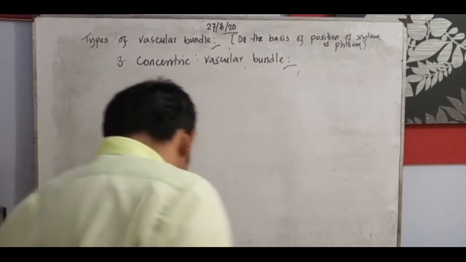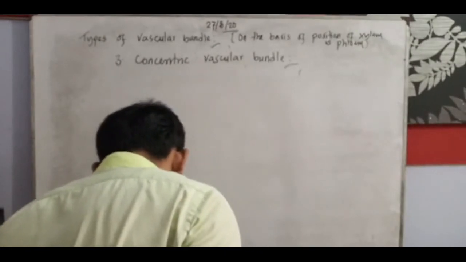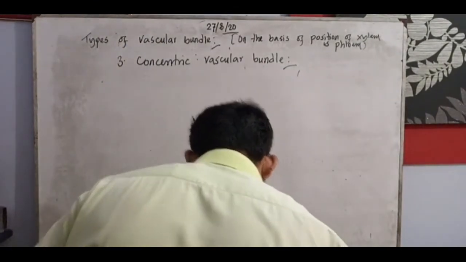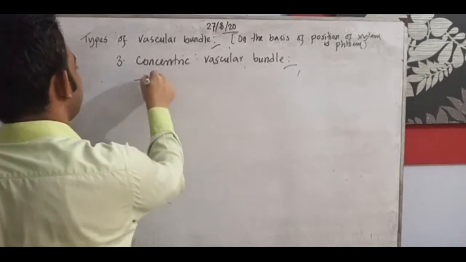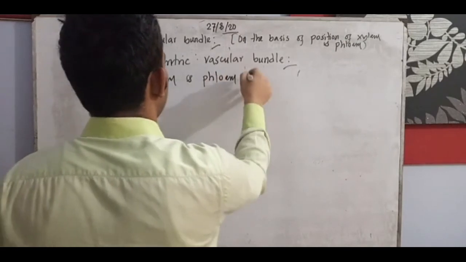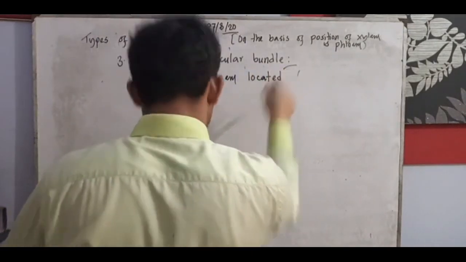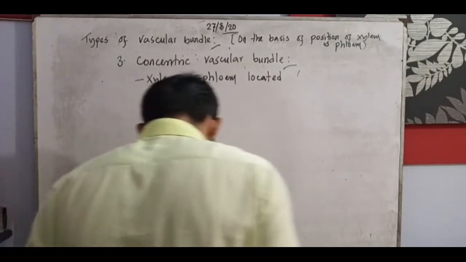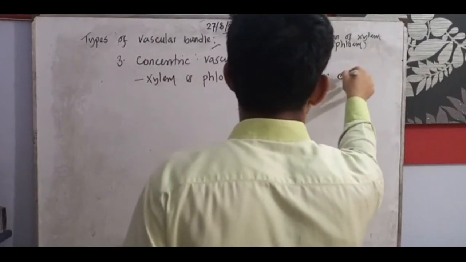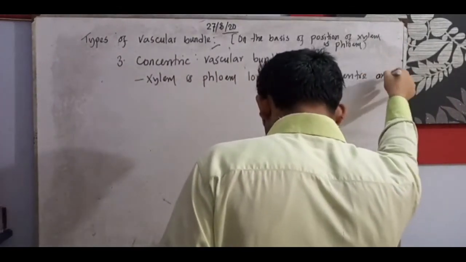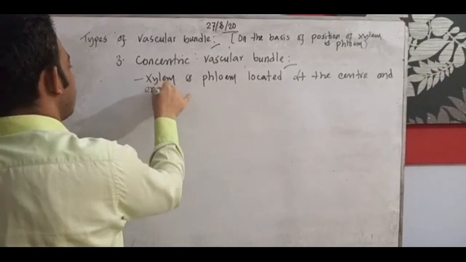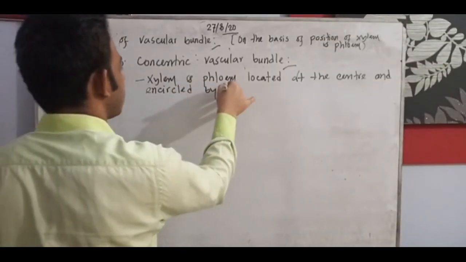In the concentric vascular bundle, xylem and phloem elements are located at the center and encircled by others.